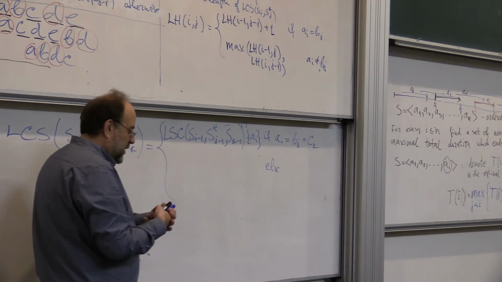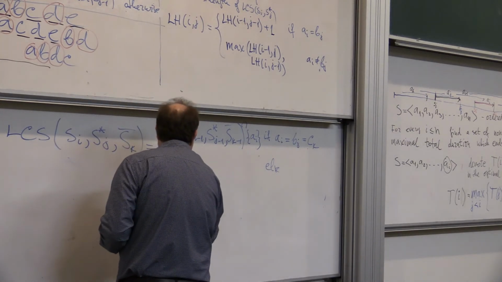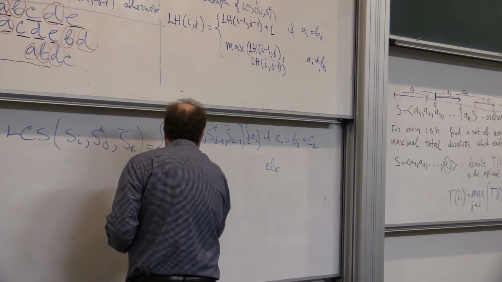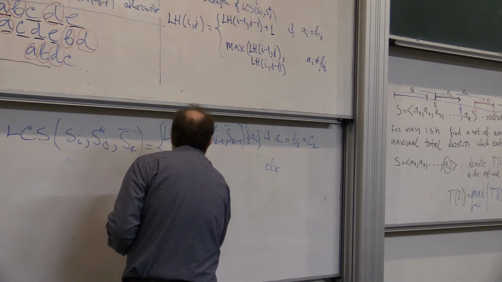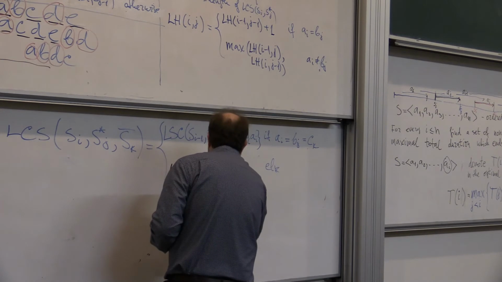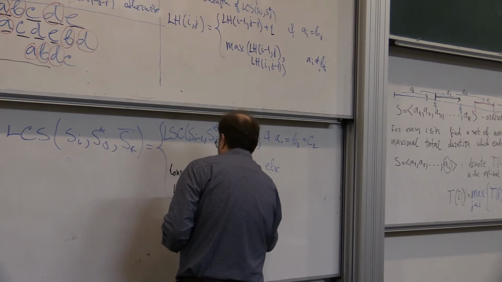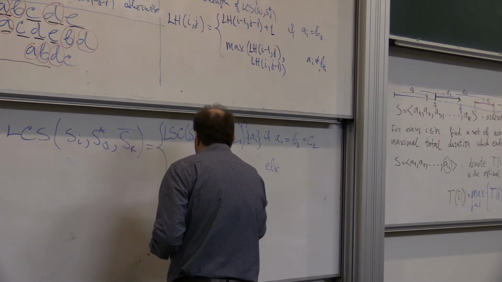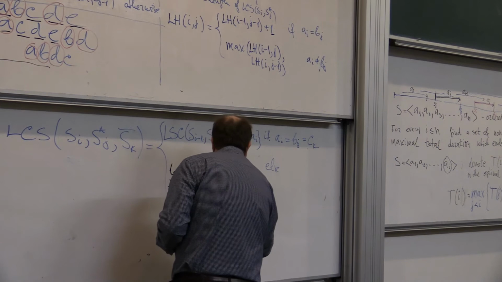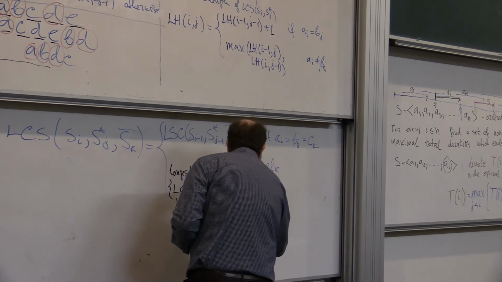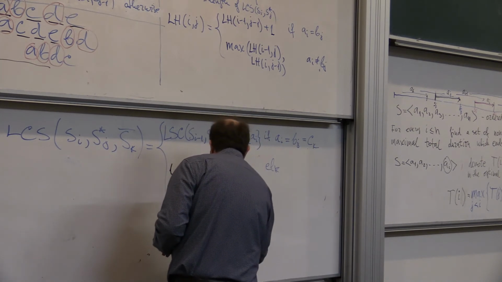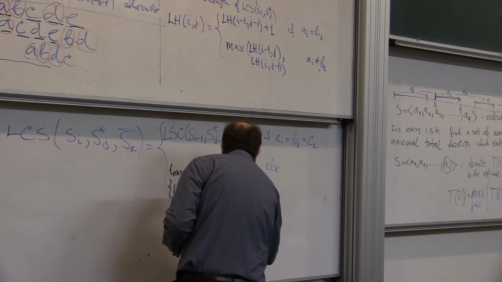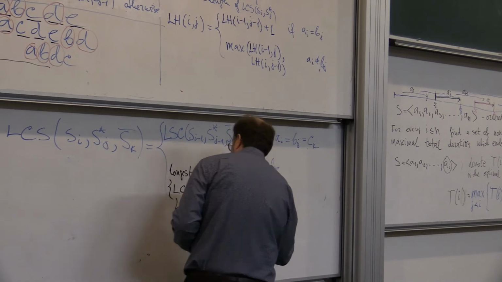The only way to make sure that you didn't miss anything is simply to consider the longest of LCS of S_{i-1}, S*_j, S_k bar, then LCS of S_i, S*_{j-1}, S_k, oops, I permuted this, and LCS of S_i, S*_j, S bar_{k-1}.